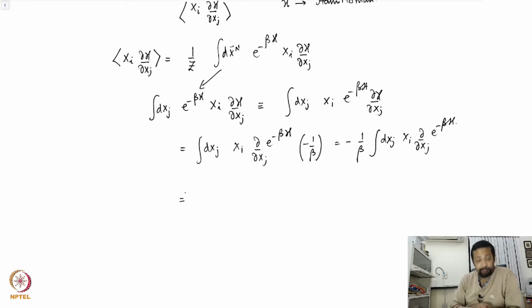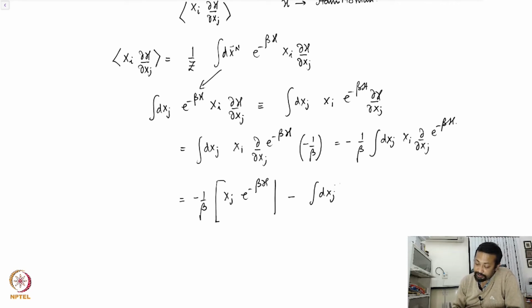If I now integrate by parts, essentially I have 1 over beta xi e to the power minus beta h, the boundary terms, minus integral dxj e to the power minus beta h del xi del xj.